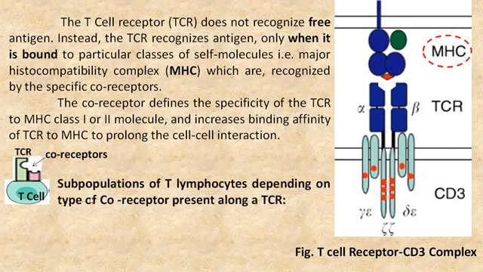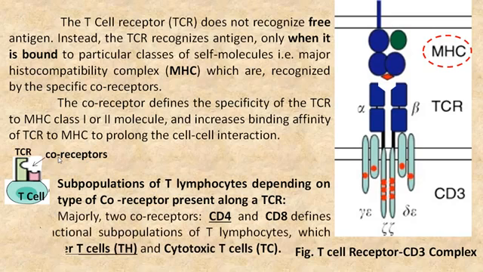Now we'll see subpopulations of T lymphocytes depending on type of coreceptor present along with T cell receptor. Majorly, two coreceptors CD4 and CD8 define two functional subpopulations of T lymphocytes, which are helper T cells and cytotoxic T cells.